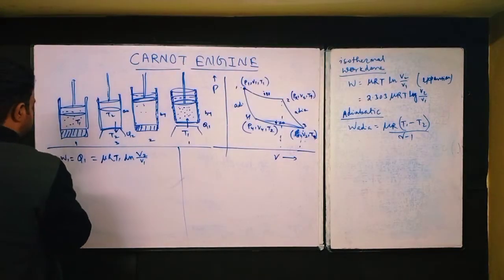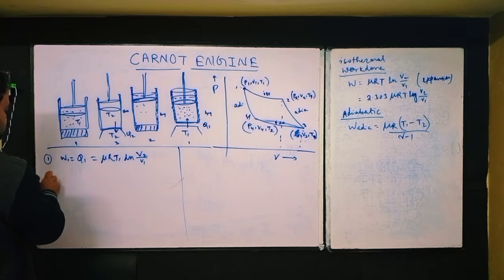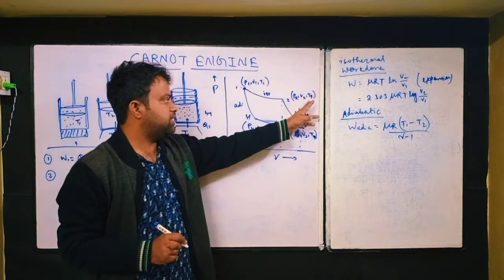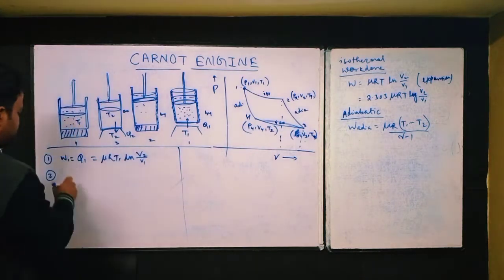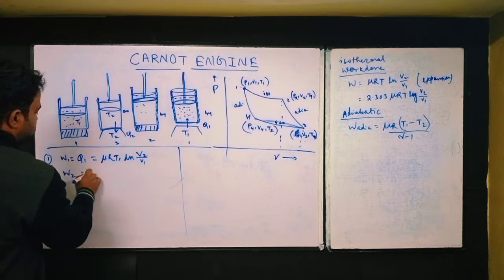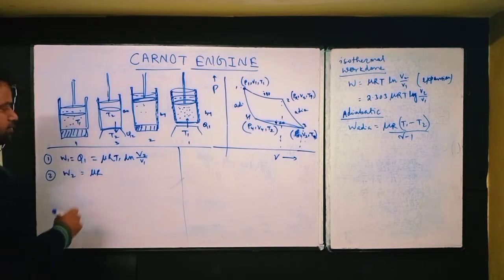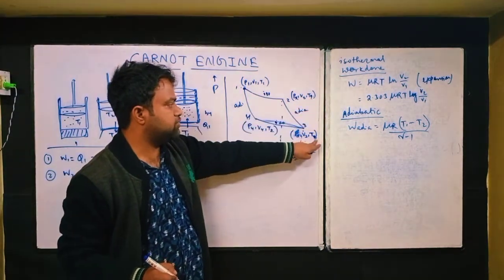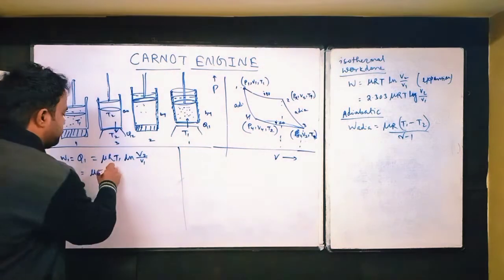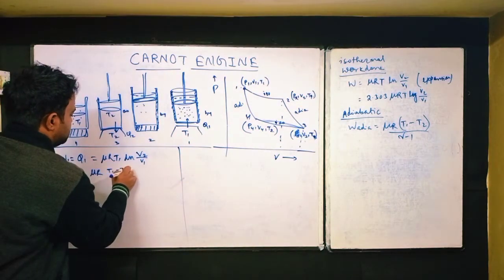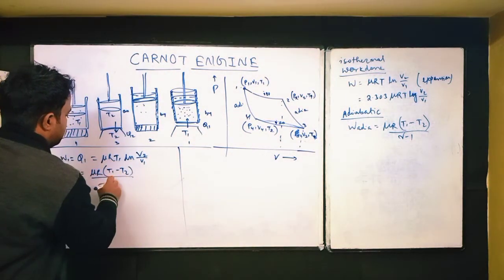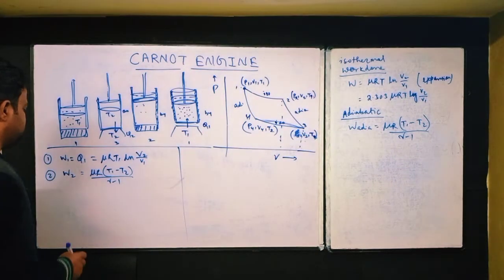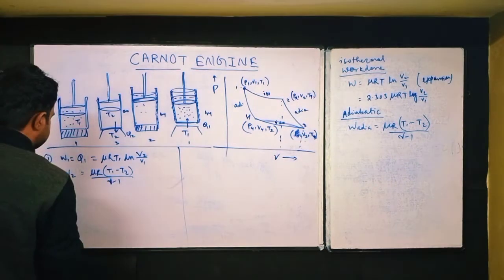Fine. So this is your W1, first case. Now second case, W2 is an adiabatic case, 2 to 3. So here we'll use the adiabatic formula, W2 equal to mu R, the temperature has changed from T1 to T2, so the formula becomes (T1 minus T2) divided by gamma minus 1. This is not R, this is gamma, Cp by Cv, right?